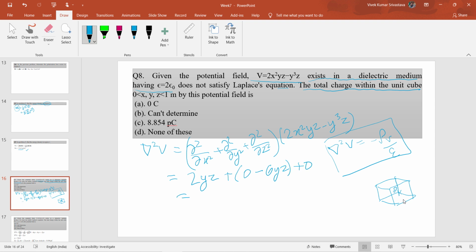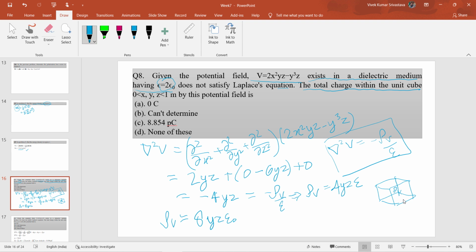So overall del square V we obtained as minus 4yz, equal to minus rho v by epsilon. So rho v equals 4yz into epsilon. Epsilon is given in the question as 2 epsilon naught, so you can directly put the value here. Then rho v equals 8yz epsilon naught.